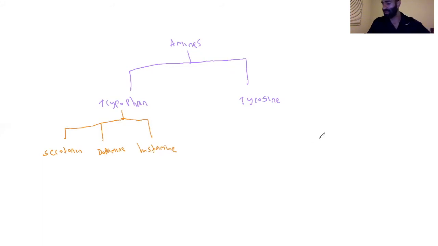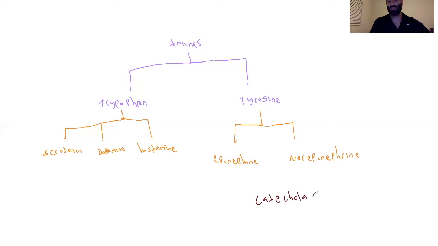And tyrosine is involved with catecholamines, epinephrine, and norepinephrine. And as I said before, in the UK, these are called adrenaline and noradrenaline.